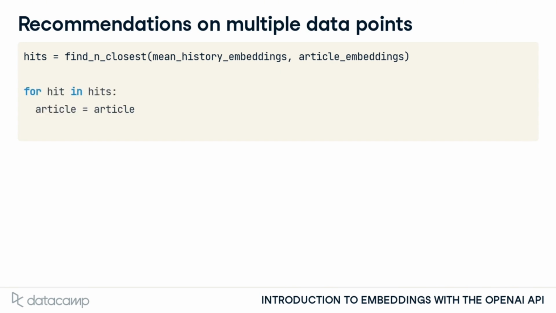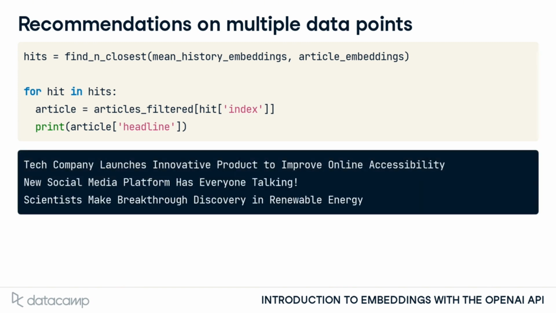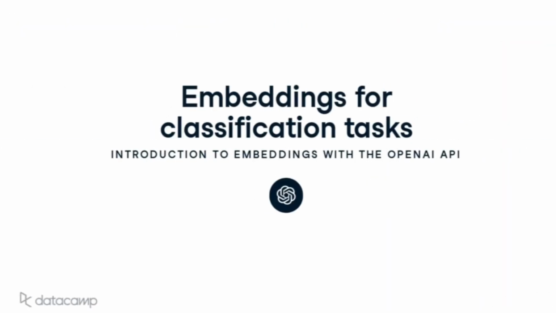Then, we subset the filtered article list to find the most similar articles. Here they are. Notice that the article headlined "Tech Giant Buys 49% Stake in AI Startup" wasn't recommended, as the user had already seen it.